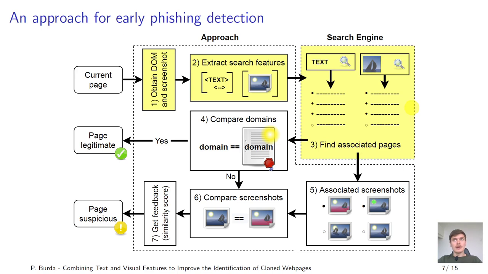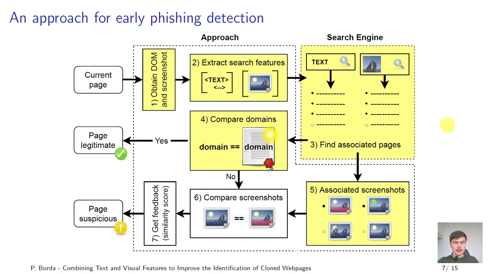We then feed them into one of the most popular search engines, and we have a list of top results that we're going to keep to try to match against the unknown page. And from there, we can go two ways. We can first match the domain contained in the URL with the domains of the associated pages.